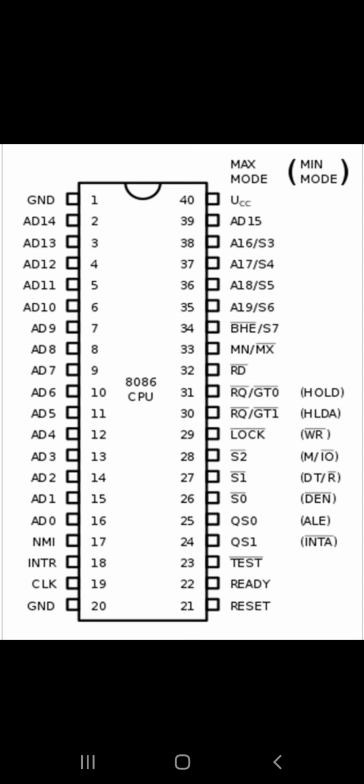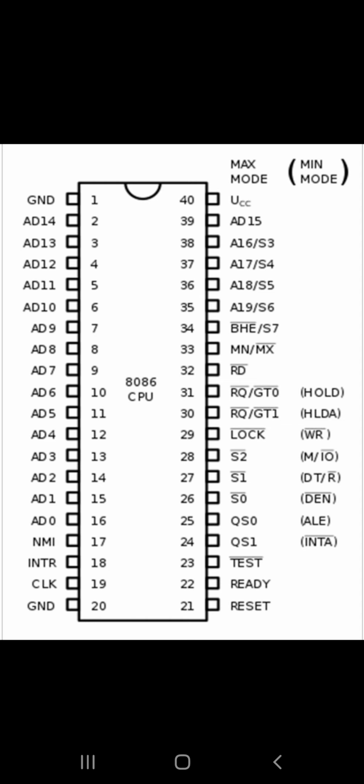Next, I want to discuss pin number 33, that is MN and MX bar, right? Before discussing this pin, I want to tell you that the 8086 microprocessor can operate in two different modes. One is known as maximum mode and the other one is known as minimum mode.